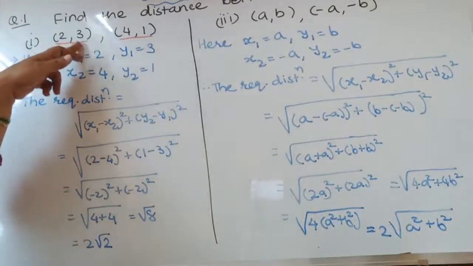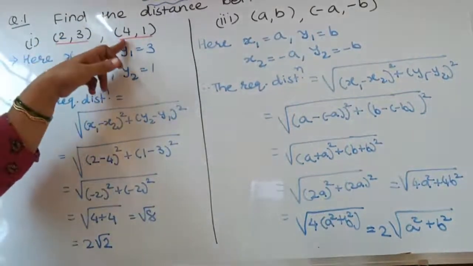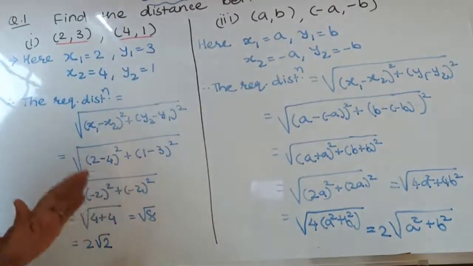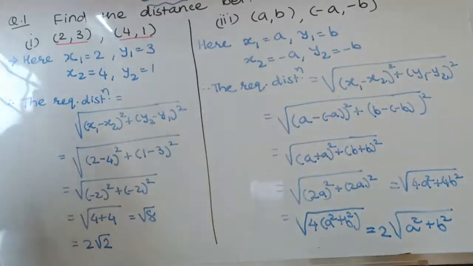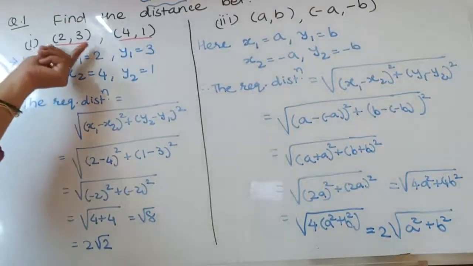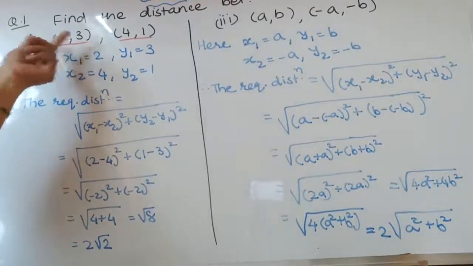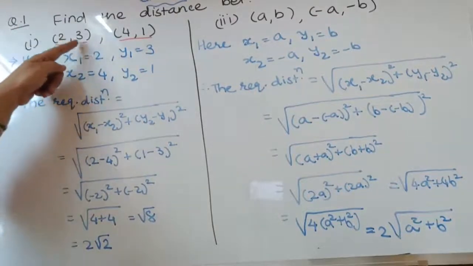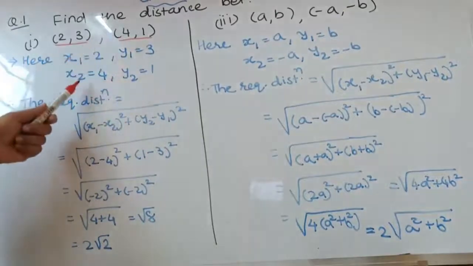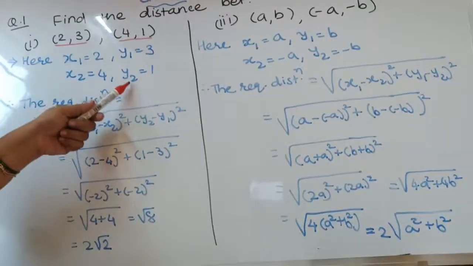You can take the first as x2, y2 also and the second as x1, y1. You will get the same answer. So first step, suppose this is x1, y1. So x1 is 2 and y1 is 3. Here x2 is 4 and y2 is 1.